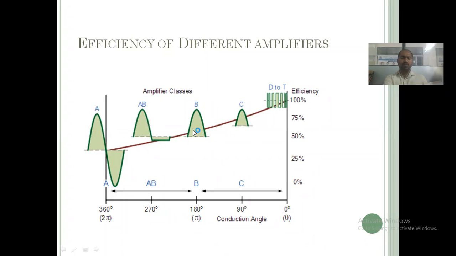When we use the class B type of amplifier, the efficiency is greater than 50%, up to 75%. If we use the class C type of amplifier, its efficiency is also greater than 75%, right.